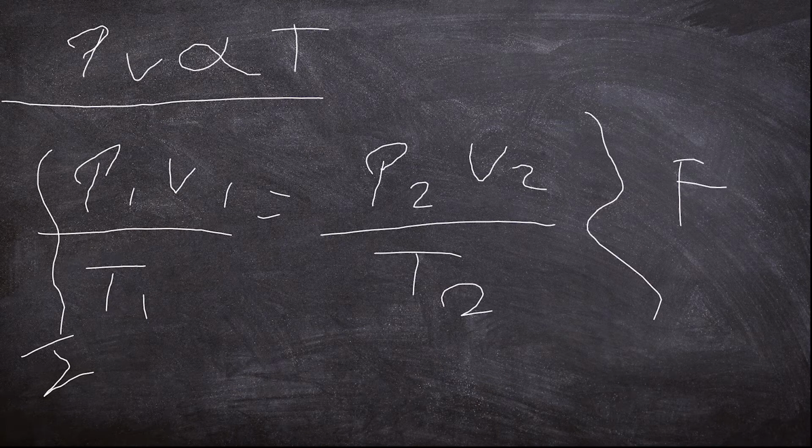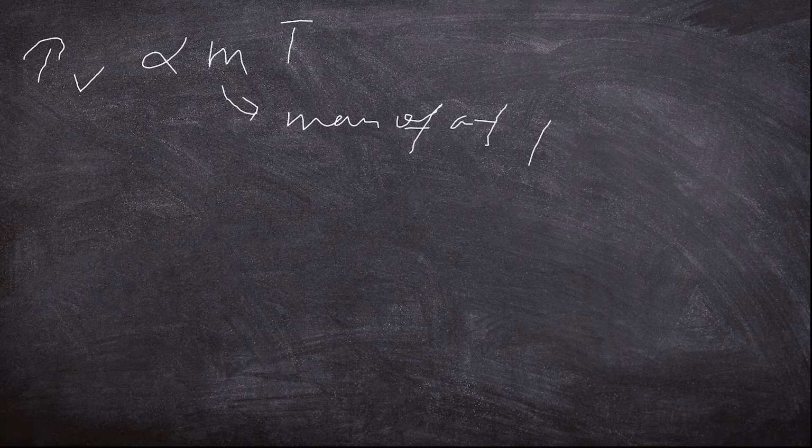Next, in another experiment about the mass of gas present, PV is directly proportional to mT, where m is the mass of gas present.